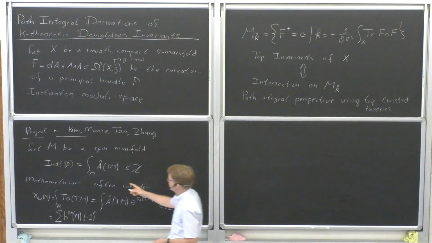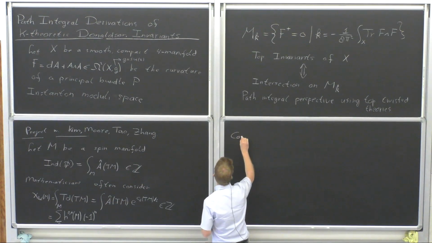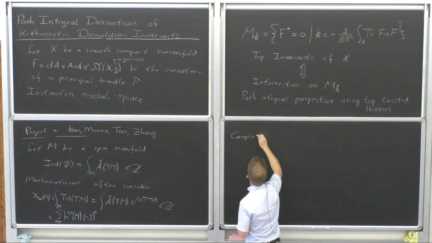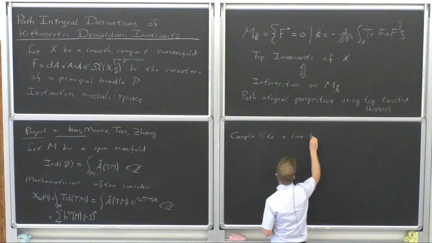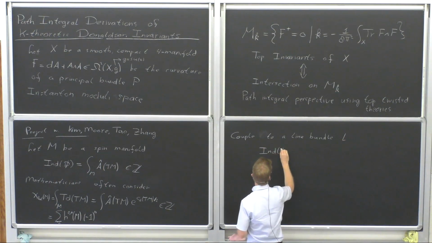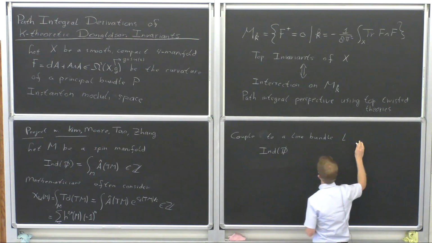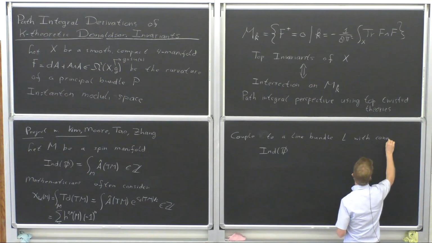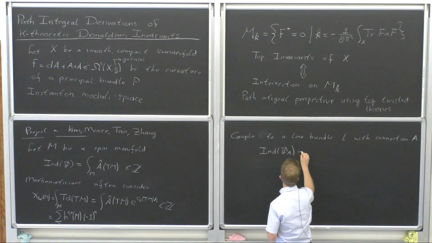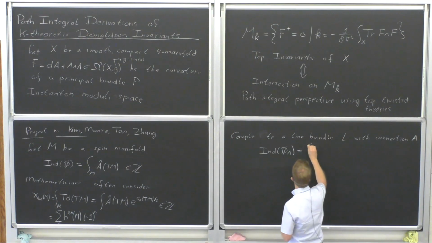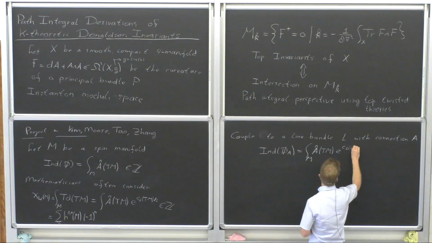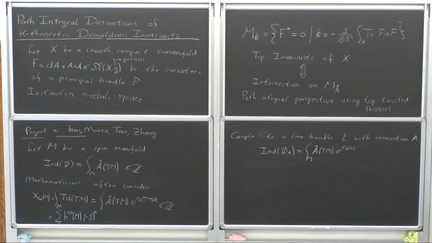Okay, we can also couple the Dirac index to a line bundle L with connection A, and then we get this index, which is then related to the first one just by the c1 of L. Okay.